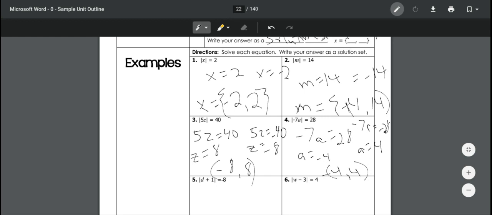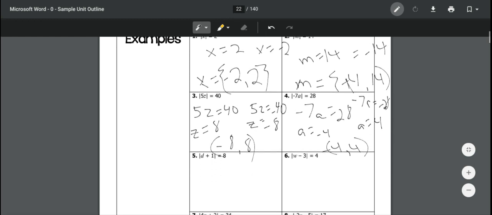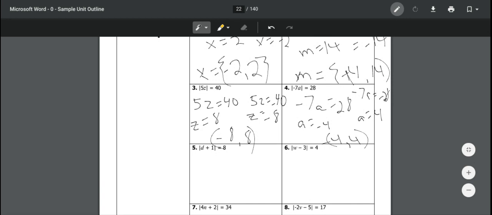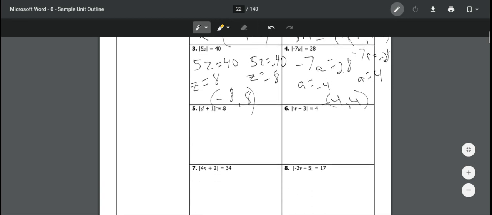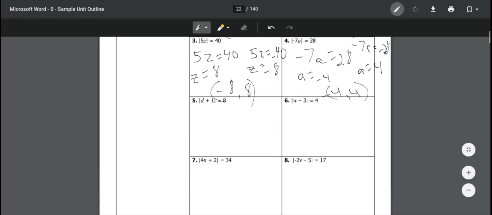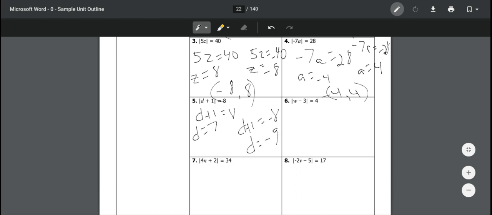So it's negative 4 and 4. Now, it's not always going to work out that they're both the same number. Okay, now we have, it's isolated again. And so we have d plus 1 equals 8, and d plus 1 equals negative 8. Minus 1, you get d equals 7, and then minus 1 over here, and you get negative 9.